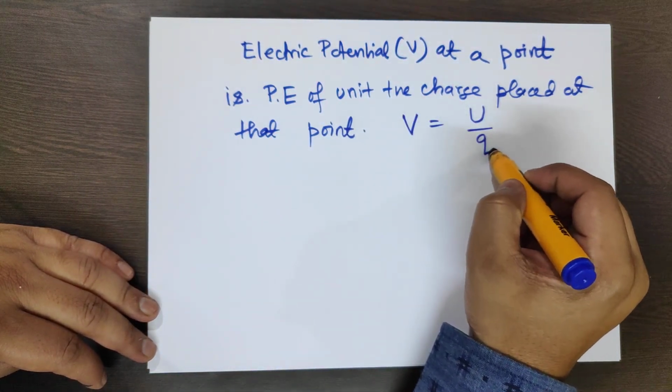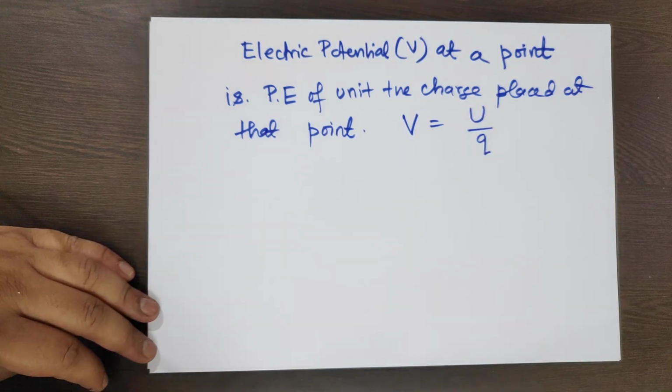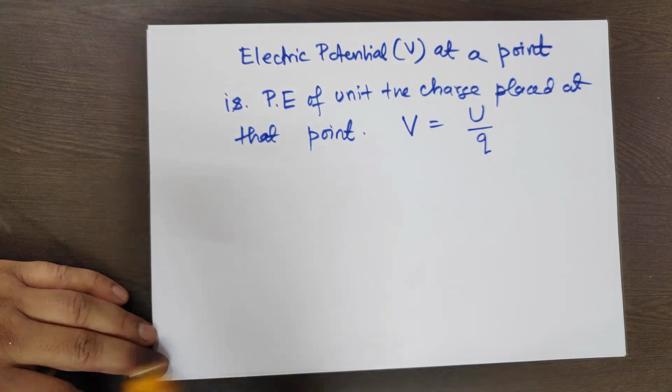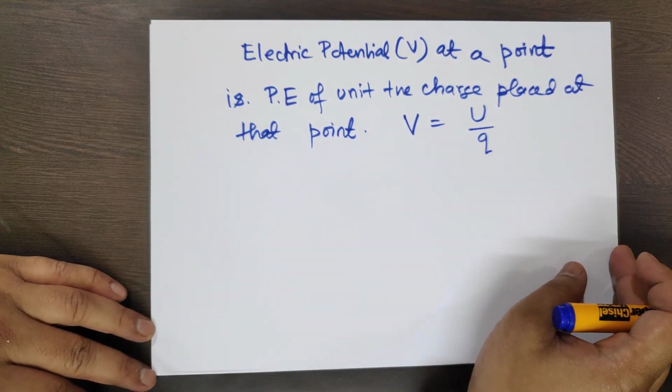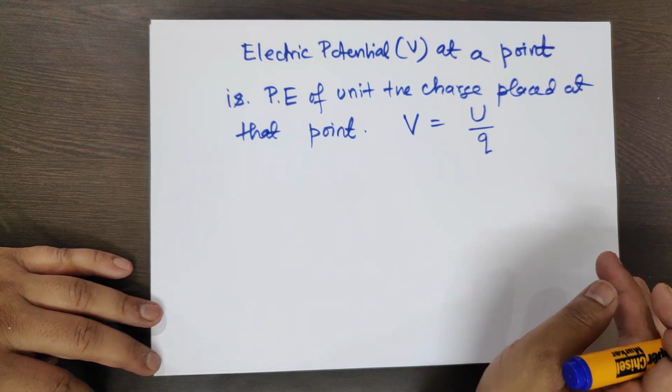Actually, it is hard to place a unit positive charge because plus 1 coulomb charge is a huge charge. In your entire life you may not have seen 1 coulomb charge if you sum up all the charges you encounter.